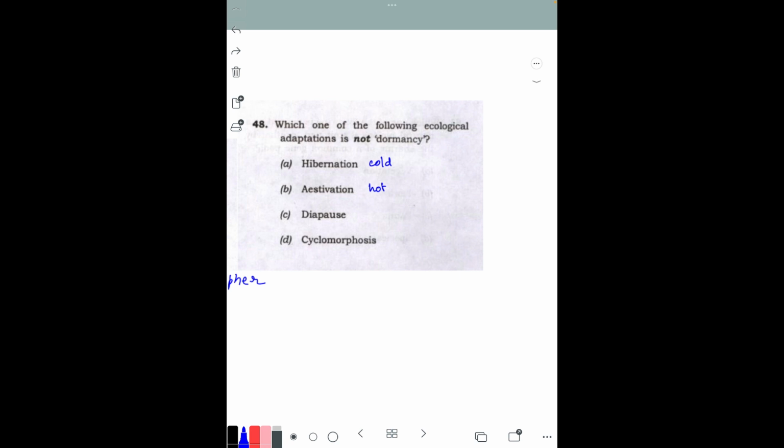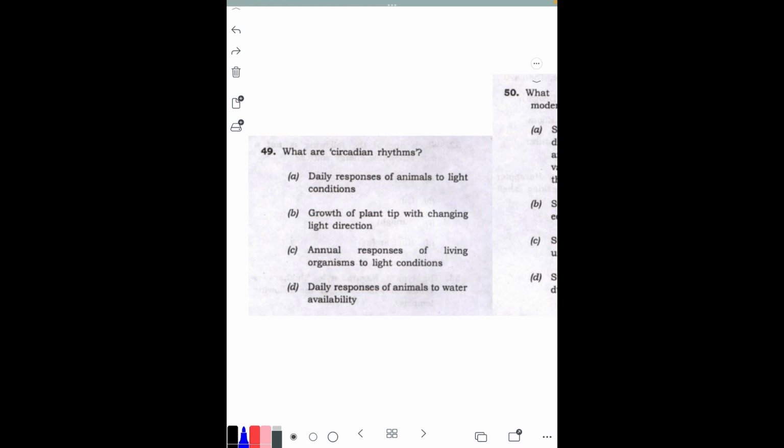Diapause is also one kind of dormancy. So the only adaptation that is not dormancy is cyclomorphosis. 49. What are circadian rhythms? The circadian rhythms are physical, mental and behavioral changes that follow a 24-hour cycle. So the correct option is A.